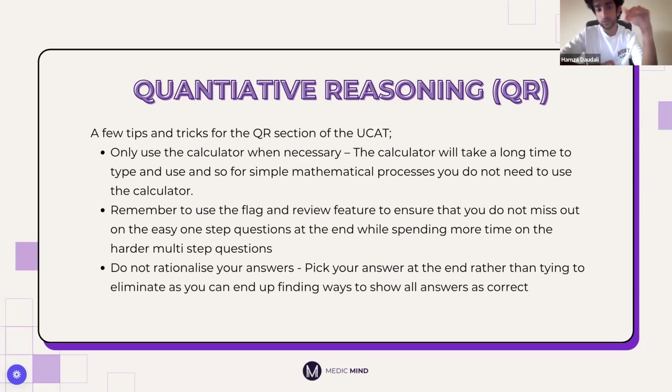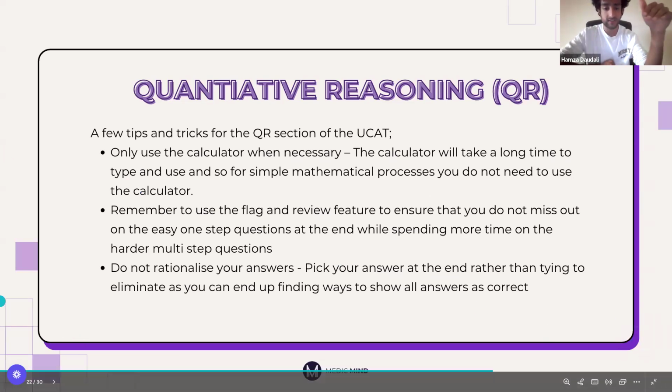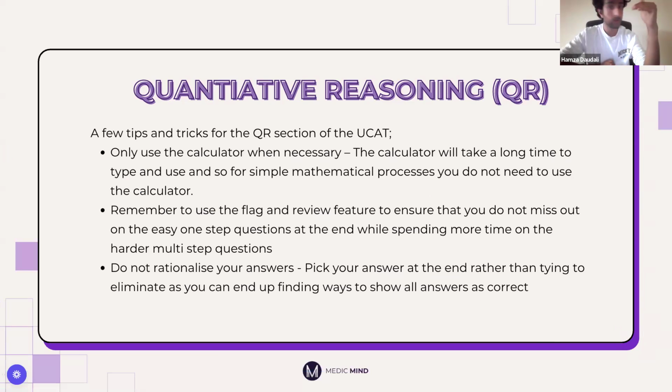So try to avoid using that as much as possible, or try to avoid double checking, because what point 3 is trying to say is you can often get into a cycle of rationalizing your answer, where you look at each answer option and you find the mathematics. Remember, every answer option is going to follow a mathematical process that probably comes from the data that you're given.